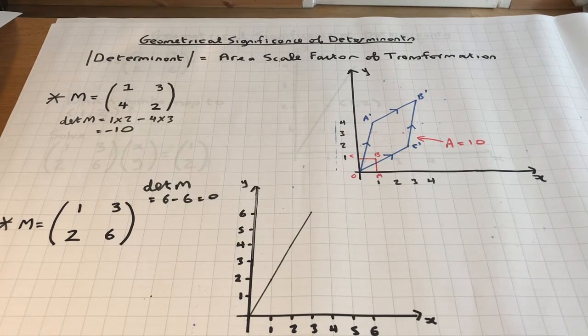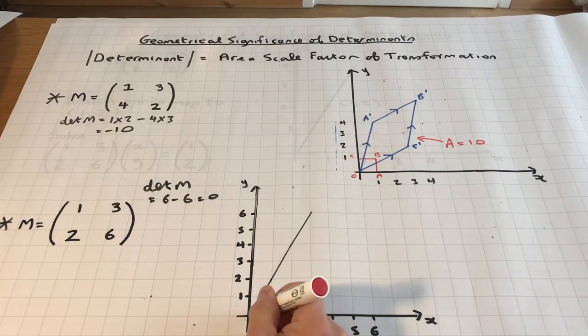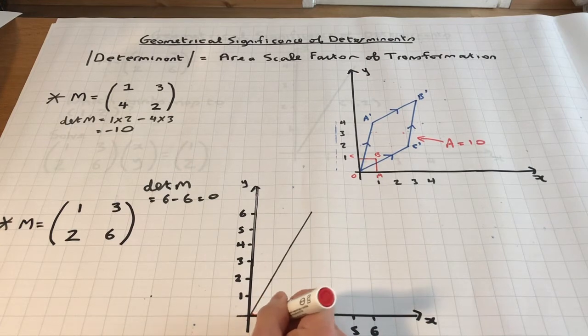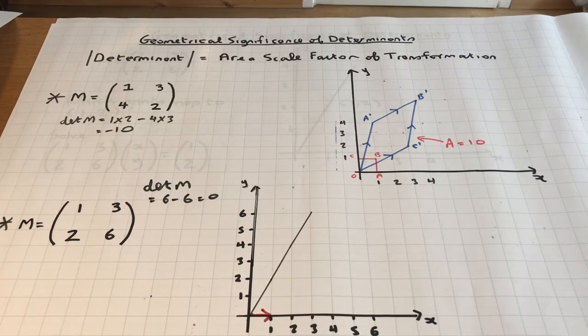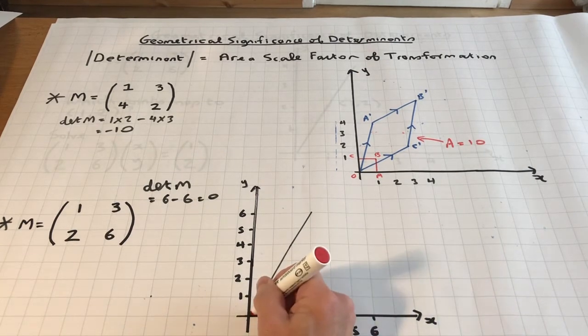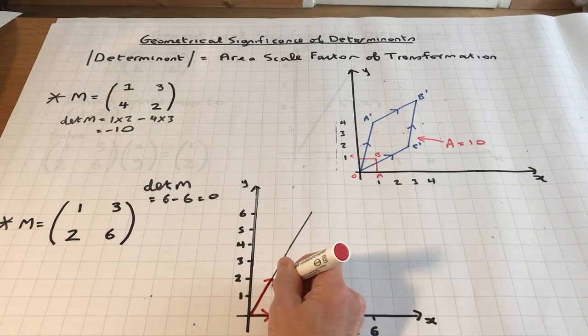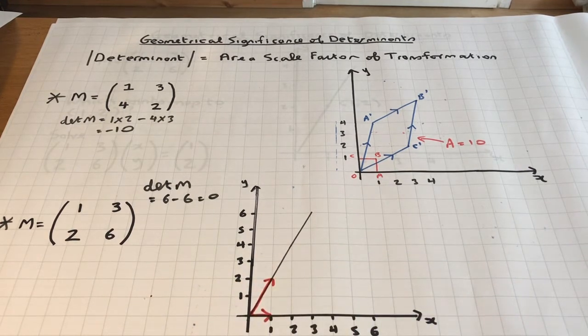If we look at the columns, we can understand this almost straight away. Because what's happening is this vector here, this little journey from 0 to 1, is being transformed into the little journey from 0 to 2.